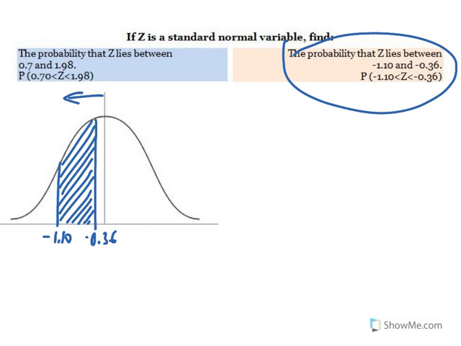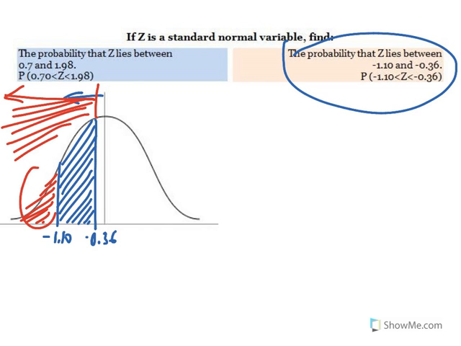Since table 3 gives us the cumulative area to the left, again we're going to find the area to the left of minus 1.10, find the area to the left of minus 0.36, right? And then subtract the smaller area from the larger area to find the area in the middle. Let's bring the table 3 here.